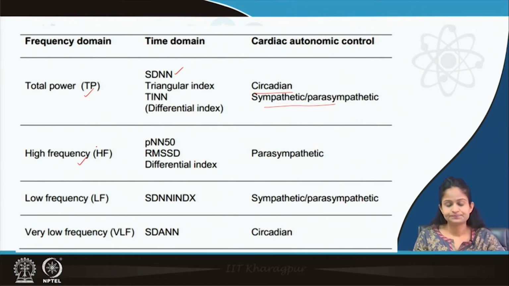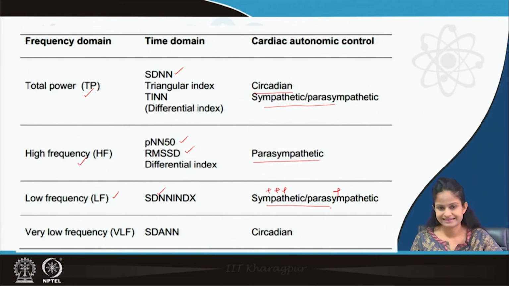High frequency and NN50, RMSSD are mainly for the parasympathetic or vagally mediated actions. Low frequency and SDNN as well as SDNN index reflect again sympathetic and parasympathetic, sympathetic more and parasympathetic to a certain extent less as compared to sympathetic, and very low frequency is mainly circadian or blood pressure oscillations.